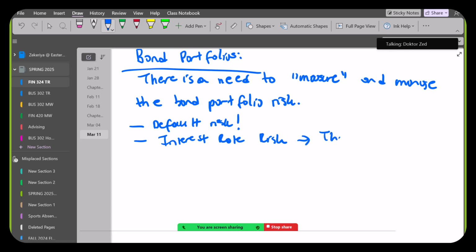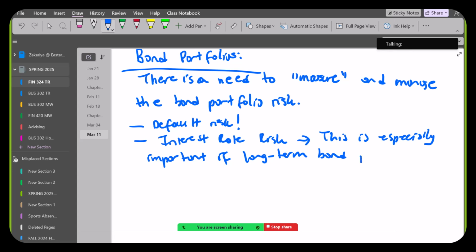This is especially important if long-term bond portfolios are financed with relatively short-term loans.